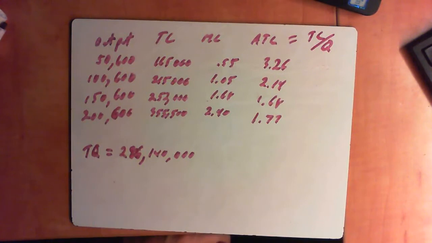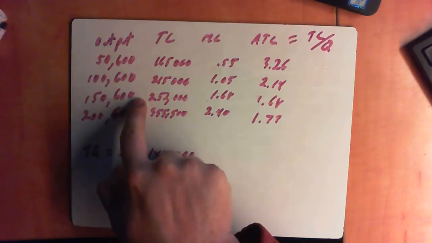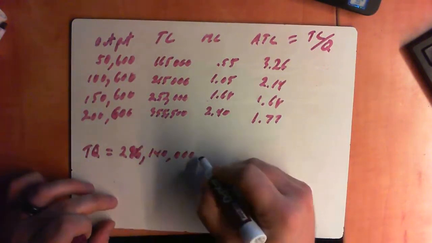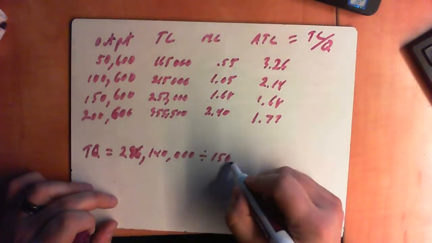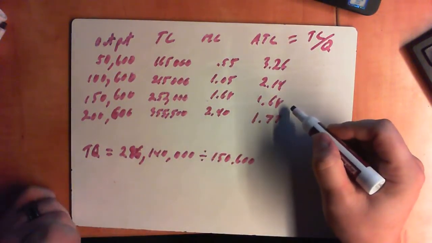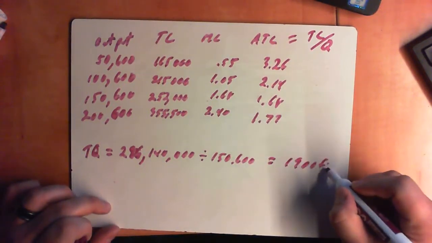What you do is take the 286,140,000 and divide that by the output per firm, 150,600, because that's what you produce when the average total cost is $1.68, and you'll get 1,900 firms.